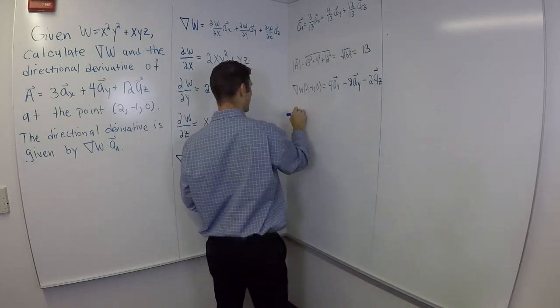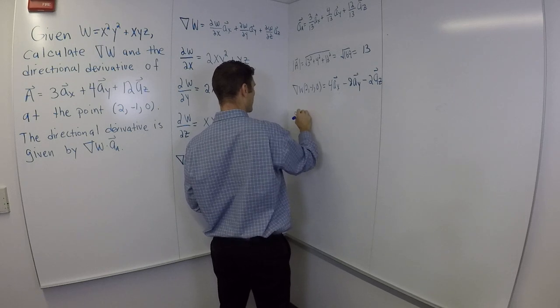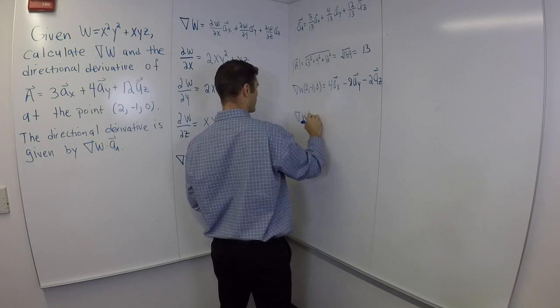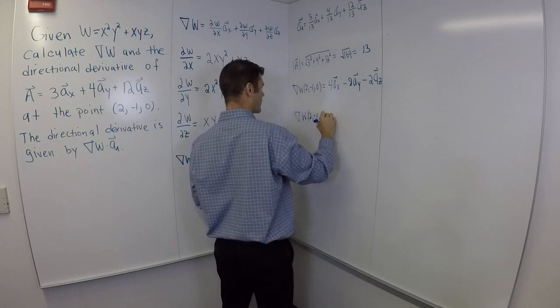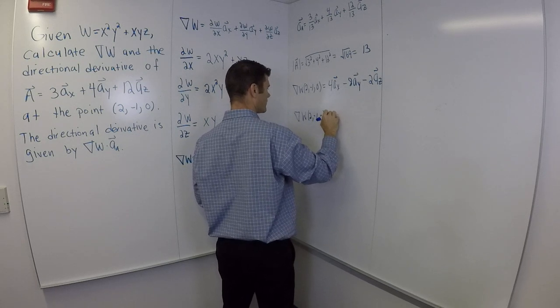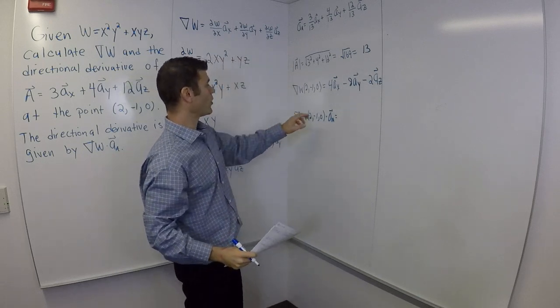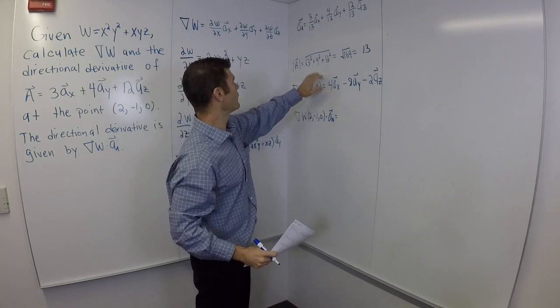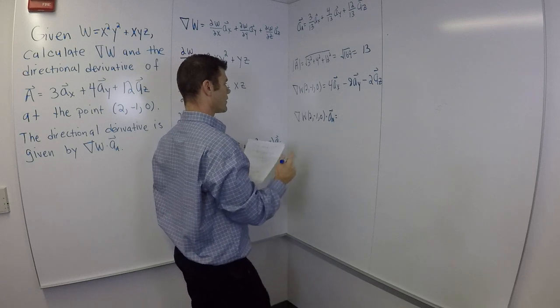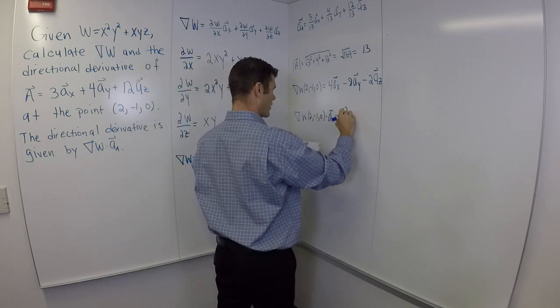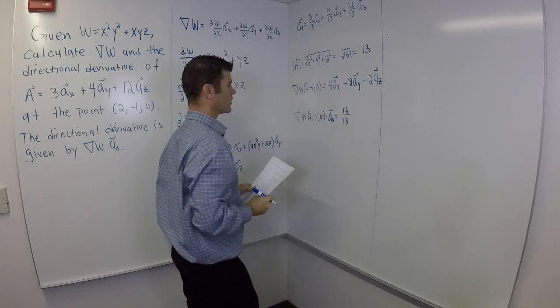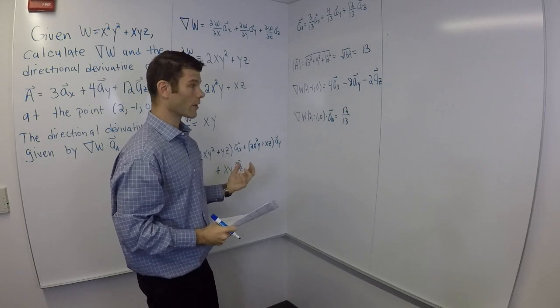Okay? So now we have the gradient evaluated at the point, and we have the unit vector of a. So we can then calculate the directional derivative by simply taking the dot product of the two. Taking the dot product, we'll multiply the x components. So 4 times 3/13 will give us 12/13. Remember, dot product is a scalar.